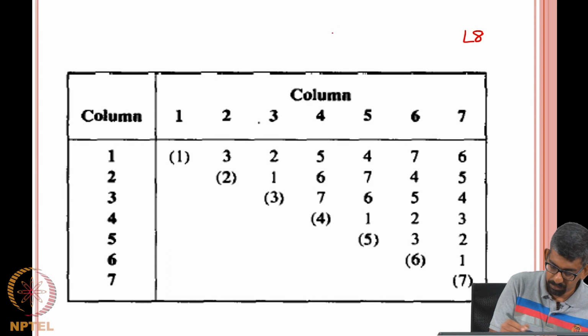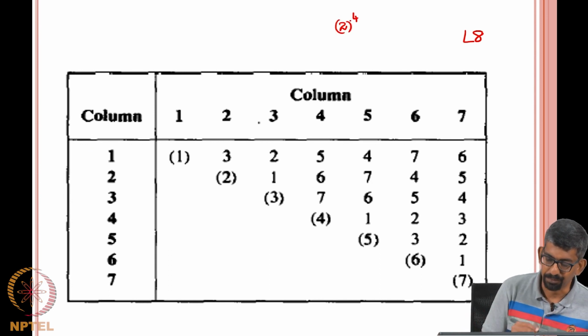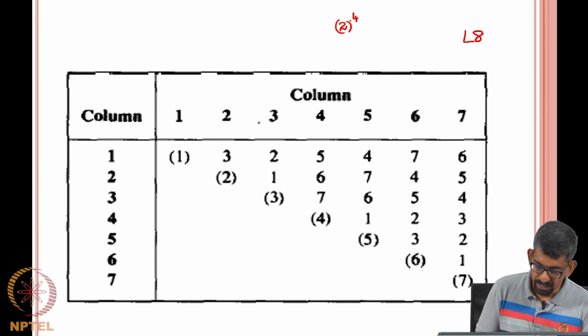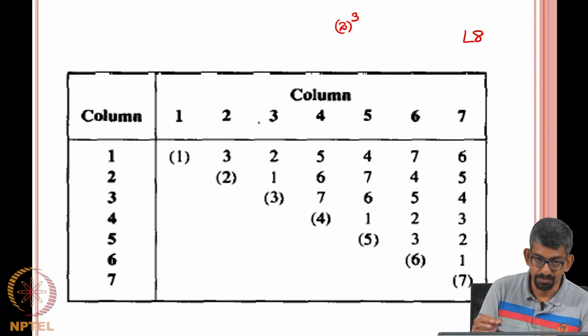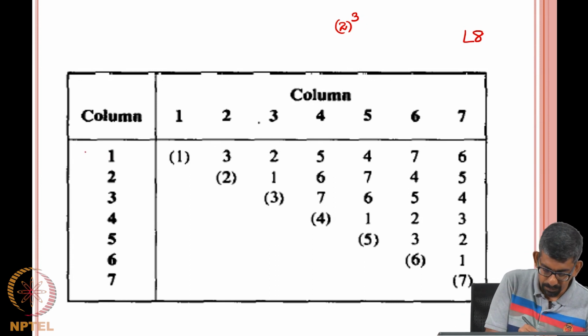So, as I pointed out, it is 2 raised to 4 case it should be, okay, then only we can take a half factorial. Or if you even take let us start with 2 raised to 3. So, it is a full factorial, but we will see how the columns are assigned. Let me take A for column 1.